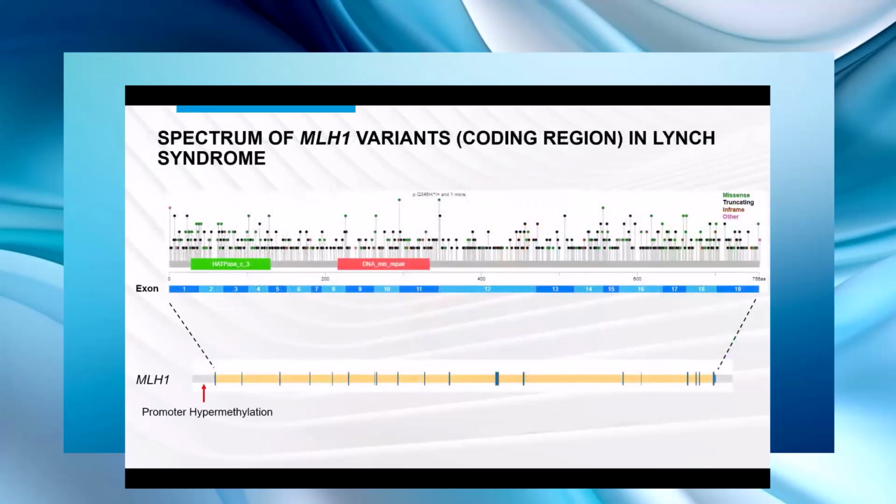Our standard gene testing focuses primarily on the exon regions or the intron-exon boundaries, where most MLH1 pathogenic variants occur. So Lynch syndrome due to MLH1 promoter hypomethylation will not be detected by typical standard NGS-based testing.